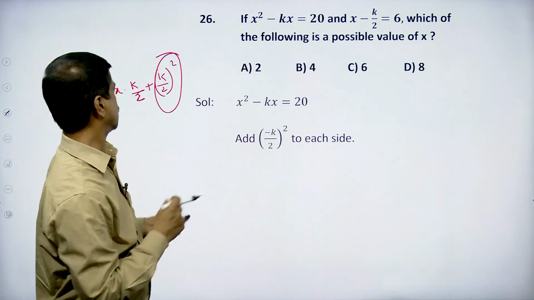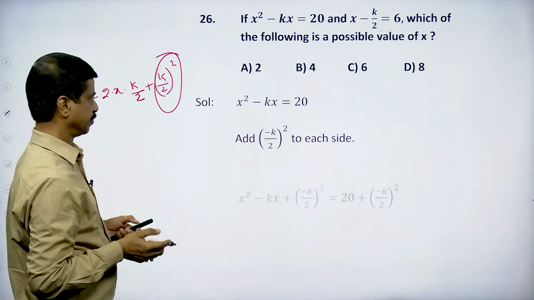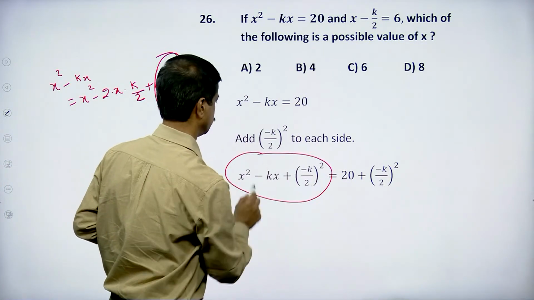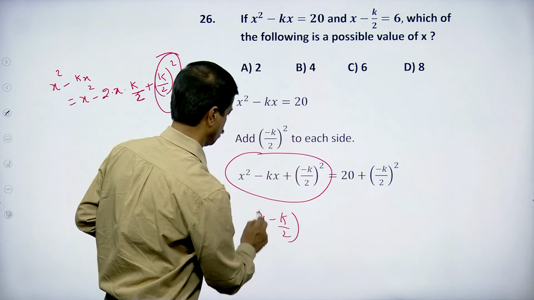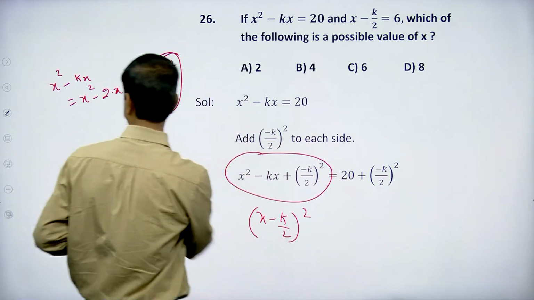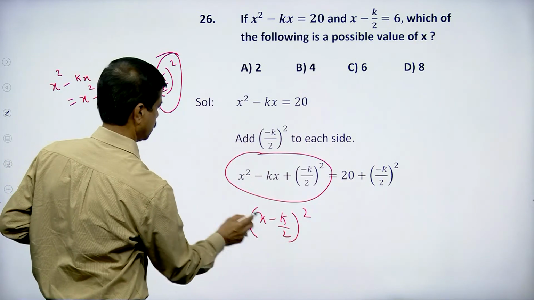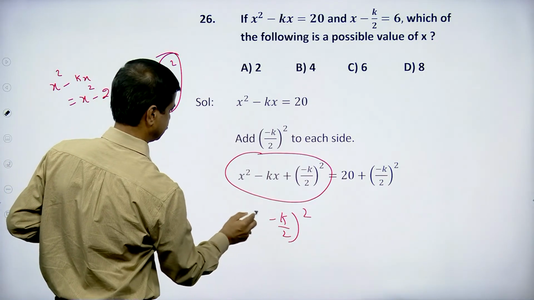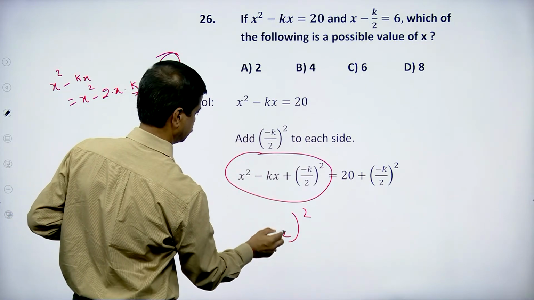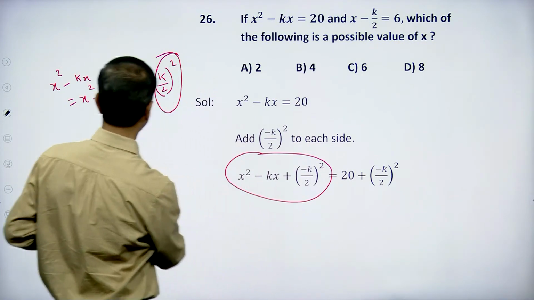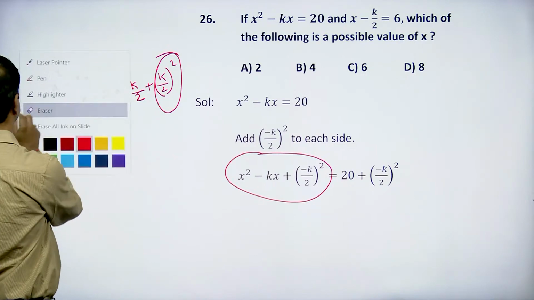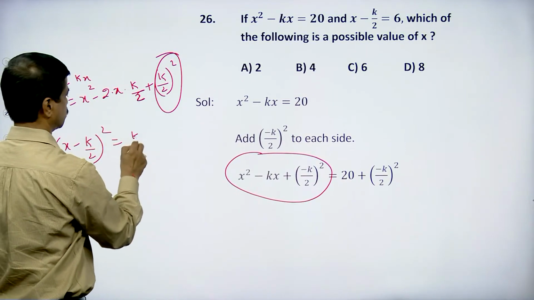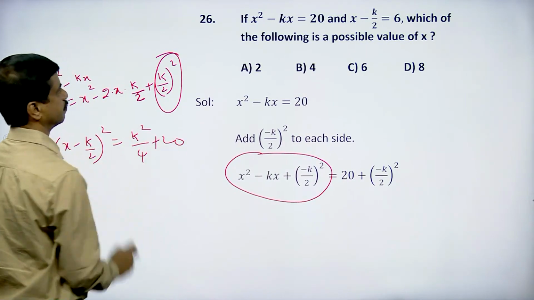Now if you add k by 2 whole square, this becomes x minus k by 2 whole square equal to k square by 4 plus 20.